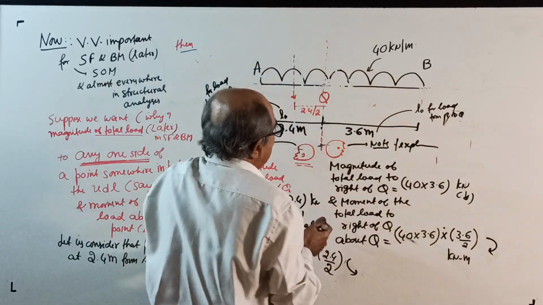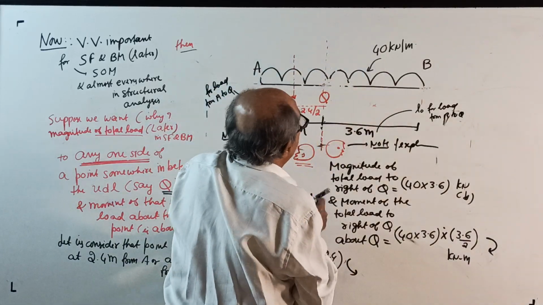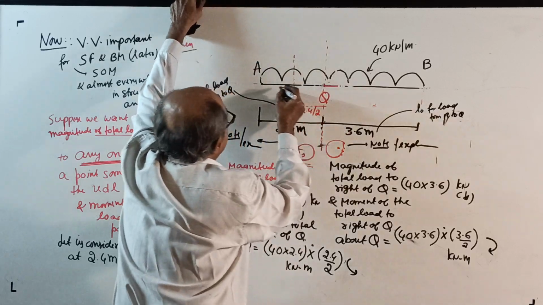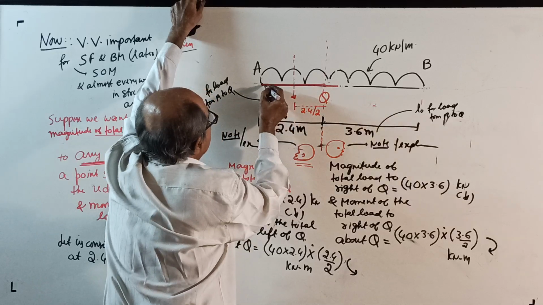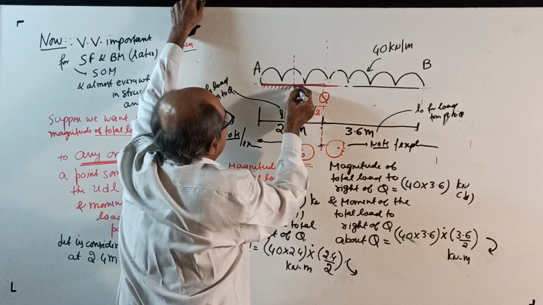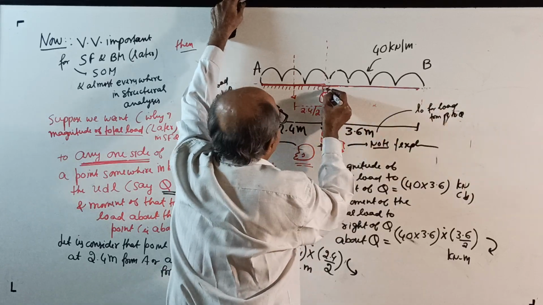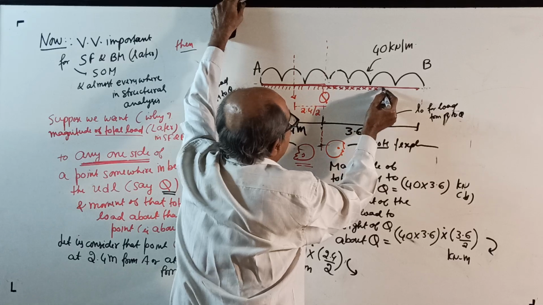First I want the magnitude of the total load, only this much load. This is one length. I'll put it this way, this is one length. This is the other length, I'll put cross, cross, cross here. This is the second one.